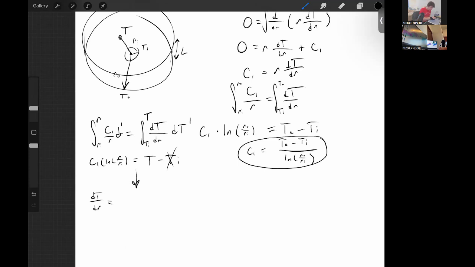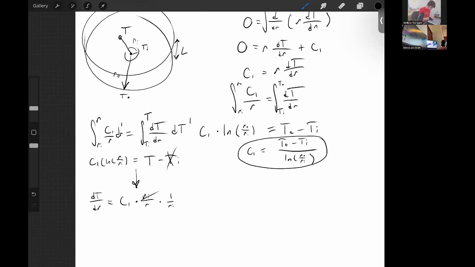Now we can say that the derivative of this would be C1 multiplied by inner radius over r multiplied by 1 over radius, right? Yes, that's what it would be, because this is just derivatives with respect to r for natural log in this case, and we're just moving C1 to the outside.